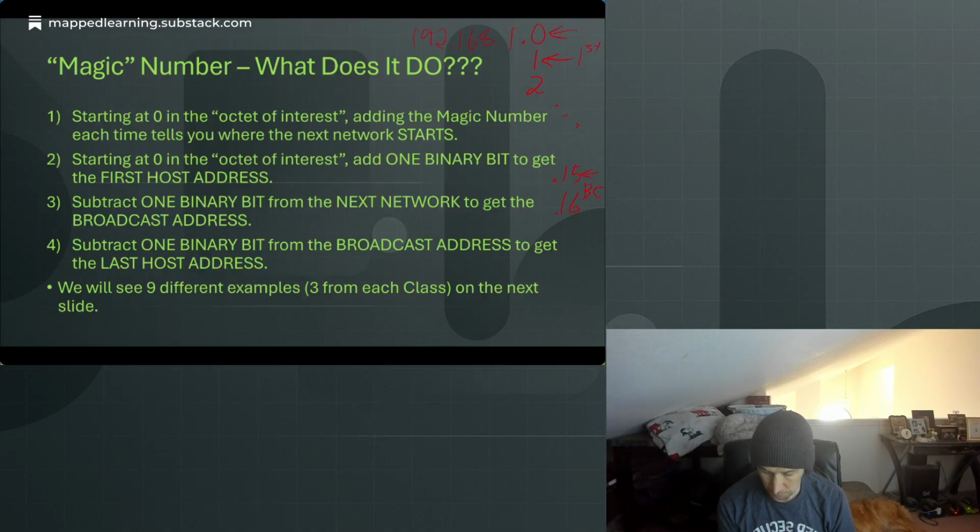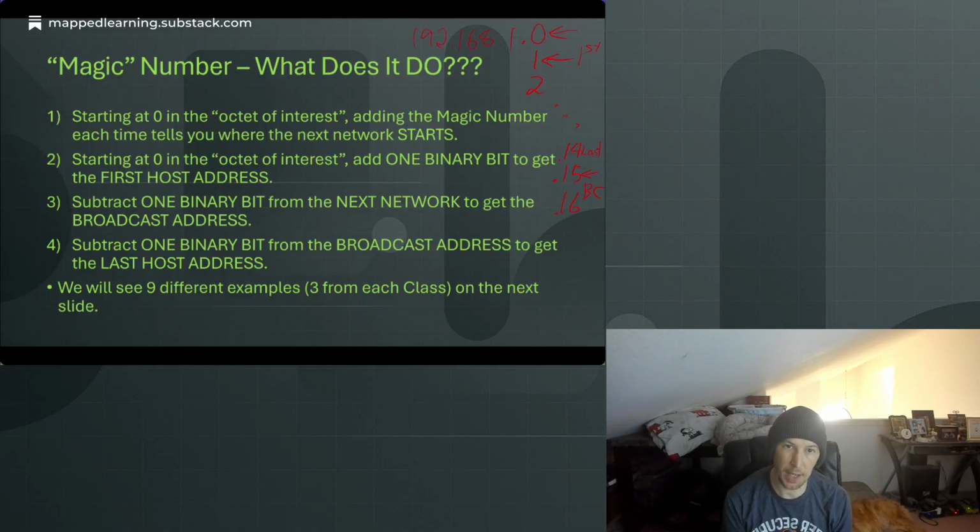Number 4, subtract one binary bit from the broadcast, and that will give you the last host address. So if we subtract 1 from 15, we get 14. Okay, that looks like a 9, but I swear it's a 4. This is the last host in this subnet.